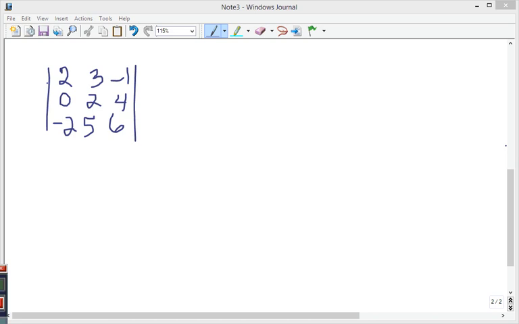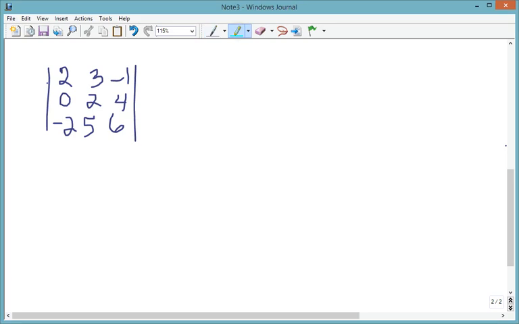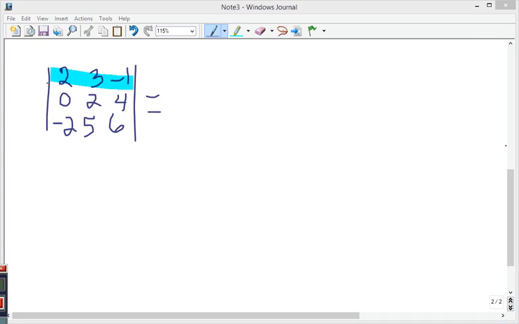Okay, so here is a 3 by 3. We want to find the determinant of this 3 by 3. So we're going to look at this going across just the top row. We kind of call this expanding on a row or column, and we'll talk about how it changes if you use a different one. So we're going to go across this top row right here, right? So we're going to look first of all at just that 2.